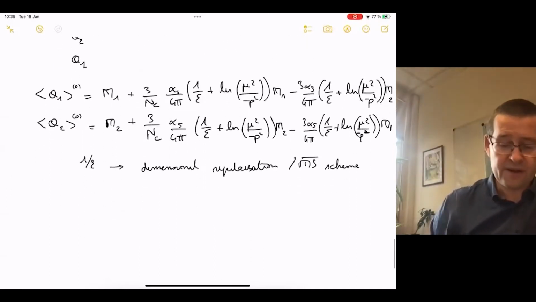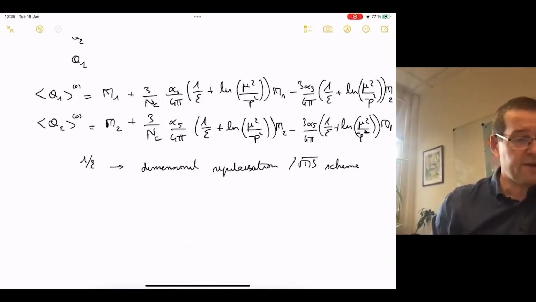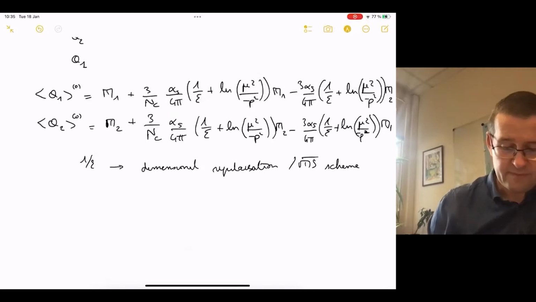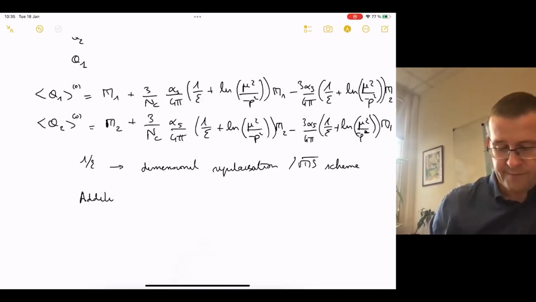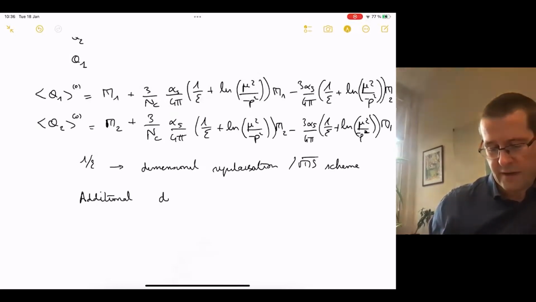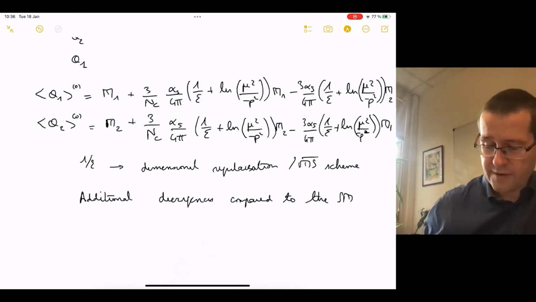And the point is that here you see that you've got additional divergences compared to the standard model expression.